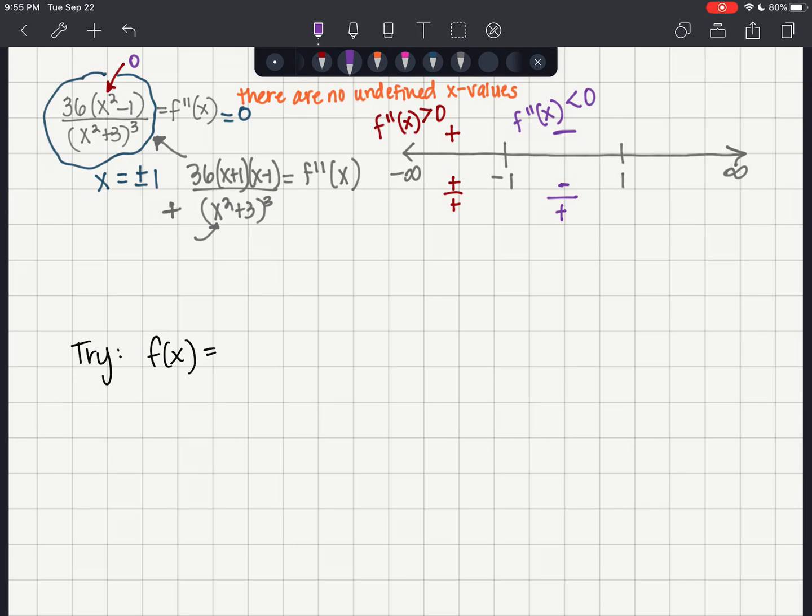And then 1 to infinity, if I put a 10 in, once again, I'm going to get a positive over a positive, which is going to give me a positive interval, and that just means that the second derivative is greater than 0.